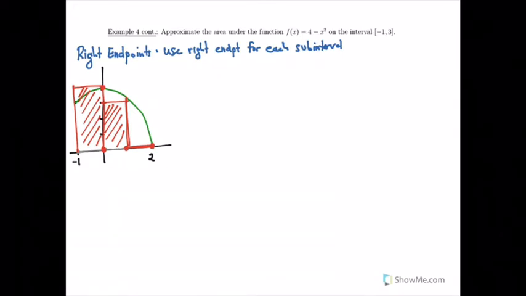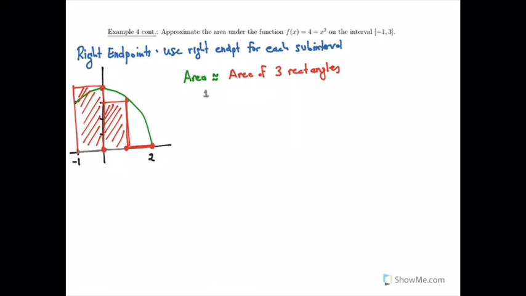So here, the area is going to be estimated by the area of the three rectangles. So that is going to be base times height of each of those.